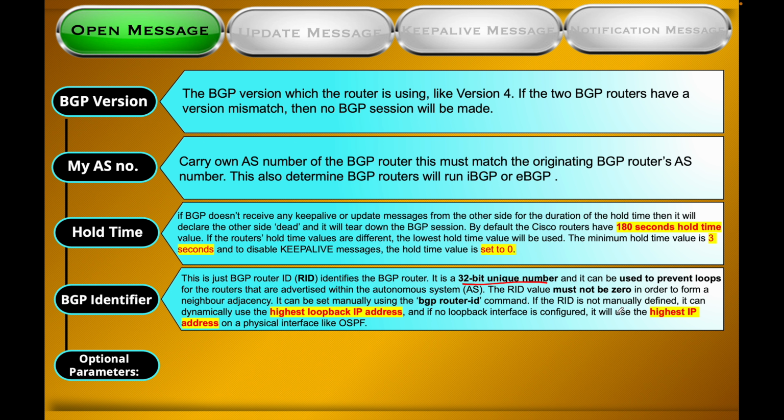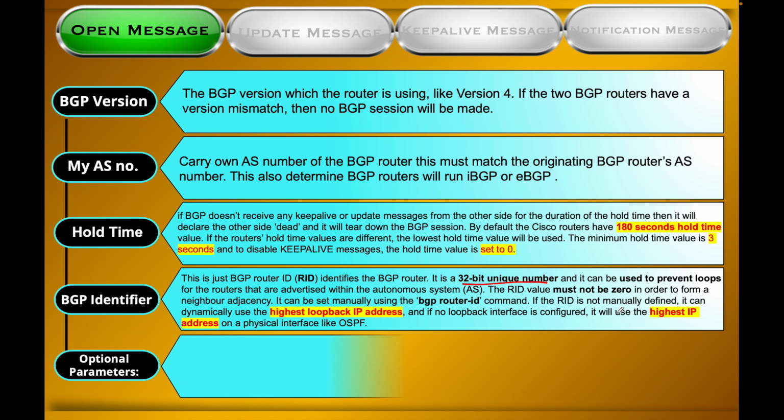You can configure the router ID using the BGP router-id command, or if you have not configured it, it will take the highest loopback IP. And even if you don't have a loopback IP, it will take your highest interface IP address. It's very similar to the OSPF protocol.